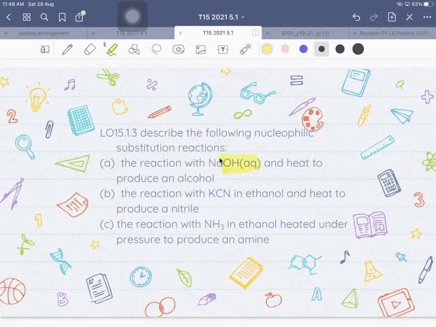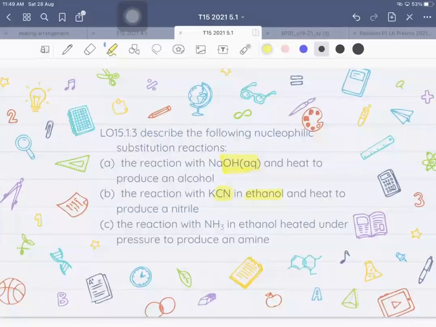The second reaction is with potassium cyanide. That is your source of cyanide ion. You can use potassium cyanide or sodium cyanide, but the condition is that it has to be dissolved in alcohol. Usually you use ethanol. We call this ethanolic potassium cyanide.